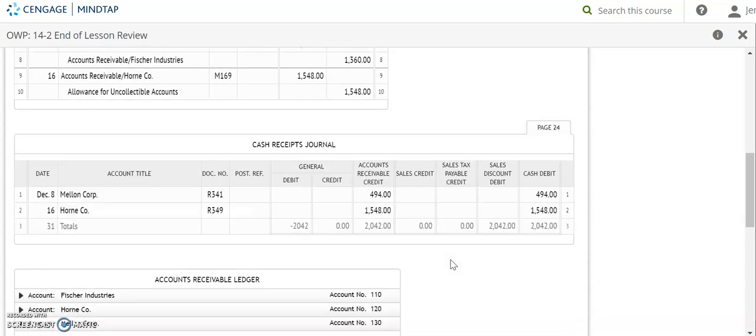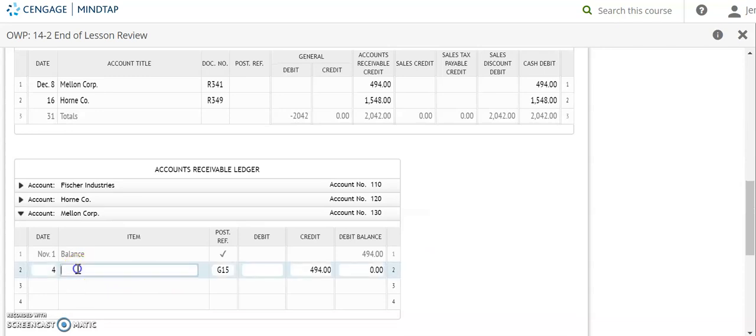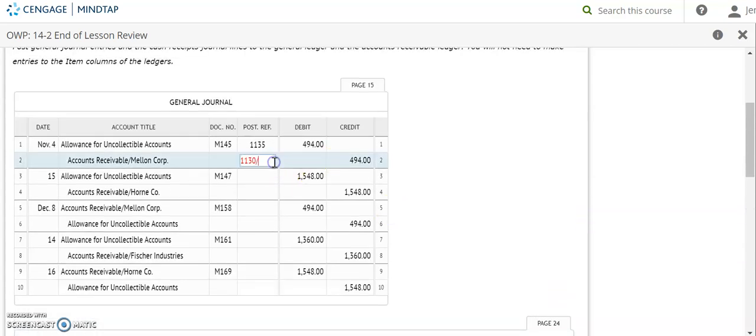When we post this, because they did not actually pay us, and right now it looks like they paid us, we would be putting in here written off. So I'm a little disappointed that they don't have us actually put that in there, because we should be writing written off. When we look at this right now, it looks like they paid us, and that is not the case. Okay, I'm going to bring my account number 130 back up and put that in.